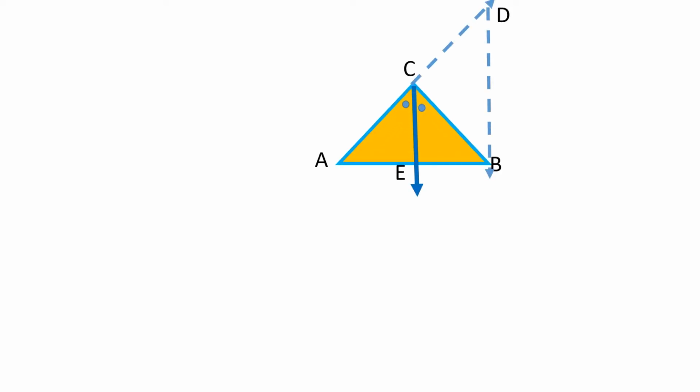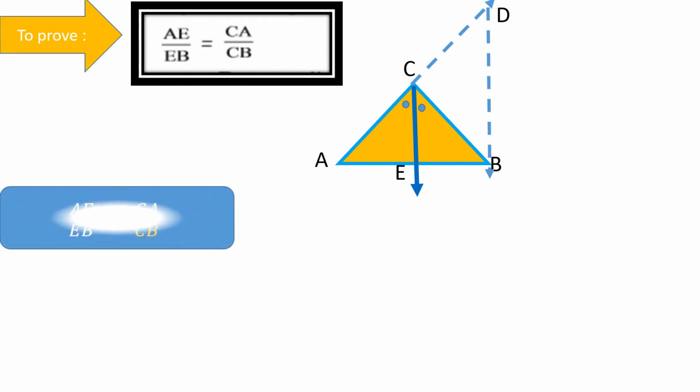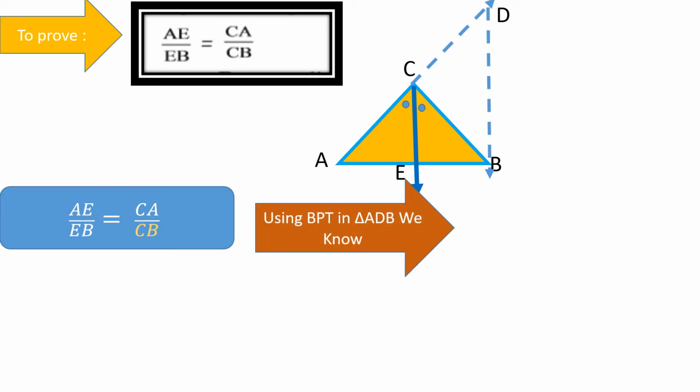Now let us see our sum theorem again right from the beginning. You can see the diagram which we have drawn. You know what is to be proved, that is AE upon EB equals CA upon CB. For that we have already seen, if I use the basic proportionality theorem in triangle ADB, we will get AE upon EB equals CA upon CD.